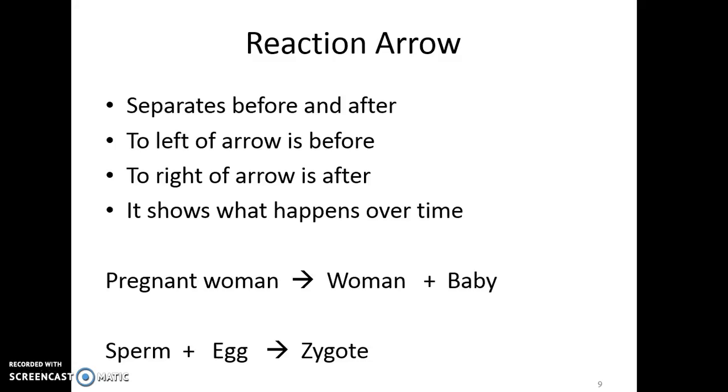Here's another: you have a sperm and an egg. They're separate. Plus always means that it's separate. It doesn't mean they're added to each other. With time, what happens? It becomes a zygote. So it's basically showing before and after. If you keep that in mind, it might help you understand what's happening better.